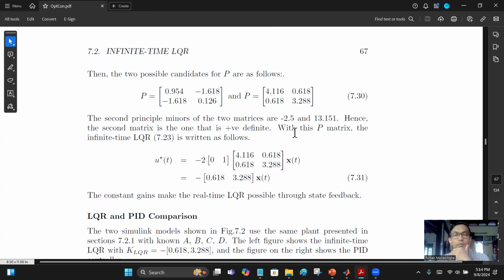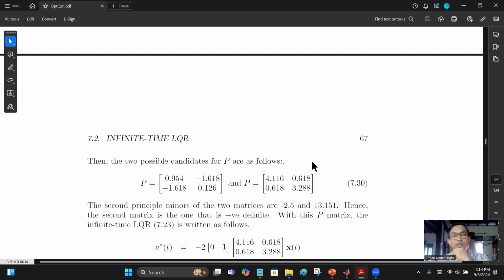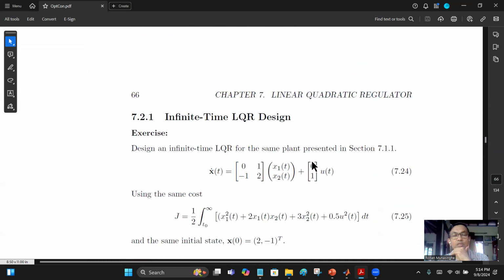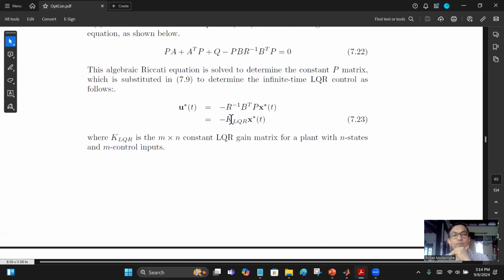Now, with the constant P matrix, we can synthesize our optimal controls, right? Using this equation, R inverse B transpose P is the linear quadratic regulator. It is a set of gains.